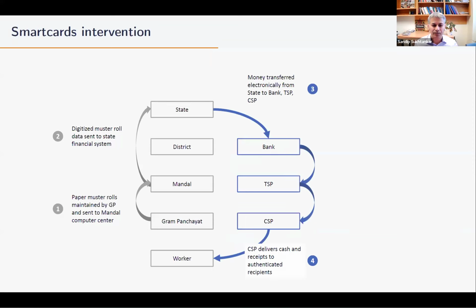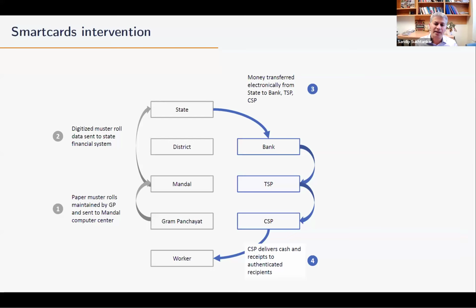What the intervention did, it kept the first bit the same. But now, instead of the money coming through the normal channels, it went directly to a bank and then eventually to a bank account that was in the name of the actual worker.